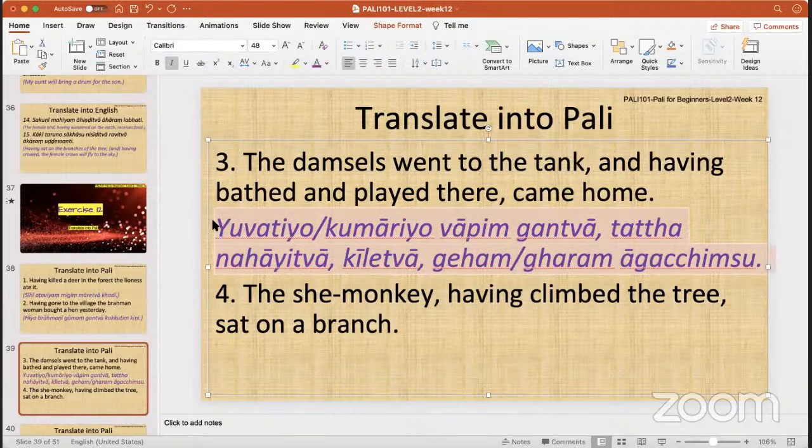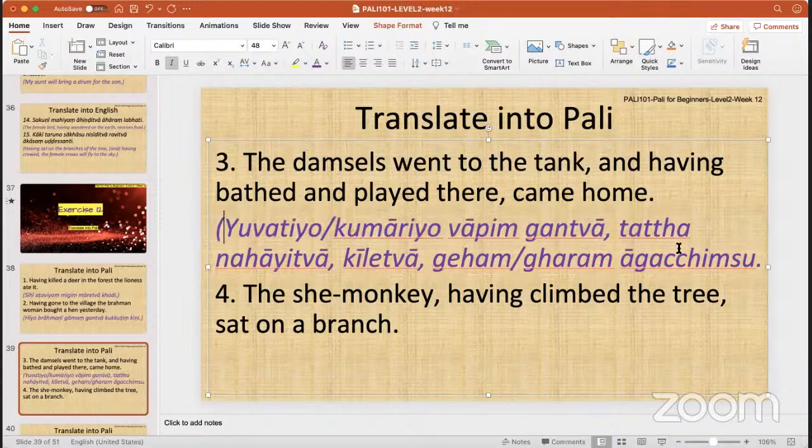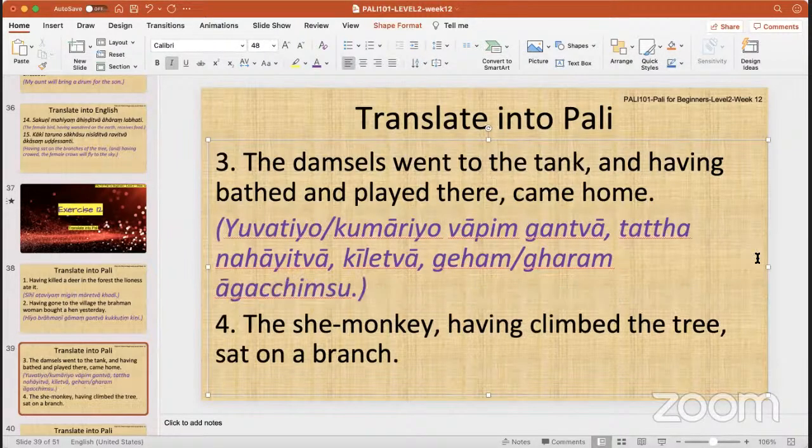Did anyone have a different translation, any variation, or does everyone agree with this? How about if we use Yuvatiyo vapim gantva, tatha nahetva ca, kiletva ca, geham agachimsu? How about that? The ca is optional. Yes, we can also use that.